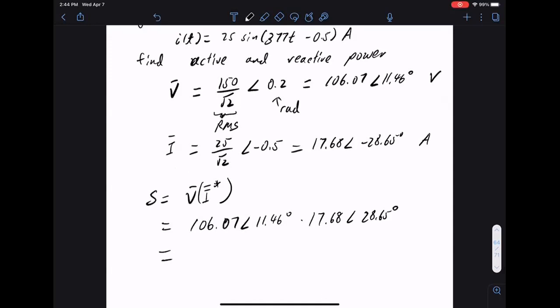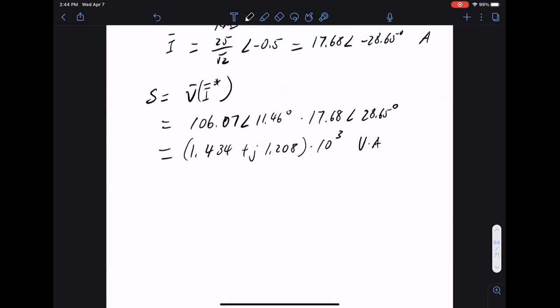You multiply this, we get 1.434 plus j 1.208 times 10 to the 3. All right, so this is our complex power. Simply, you just multiply these two complex numbers together, you get some result. So this has a unit of volt amperes, volt amps.